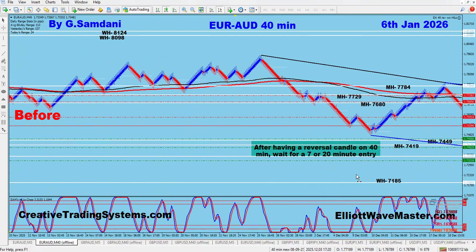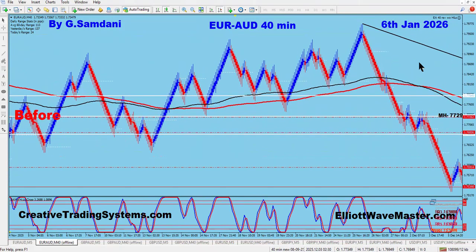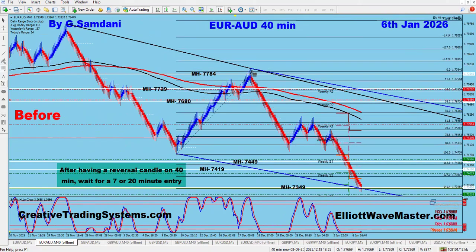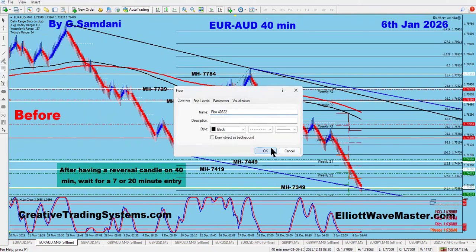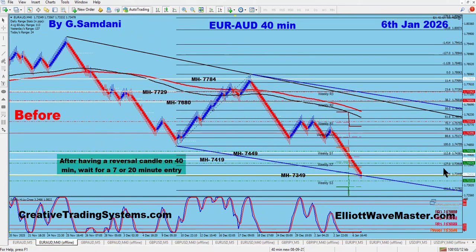Right now we don't have much time for any mumbo jumbo, but if you draw the fib from here to here, you see that this is 141. So usually it bounces from 127, or if not, then it goes to 161 and bounces, right? So 161 is right there, right?